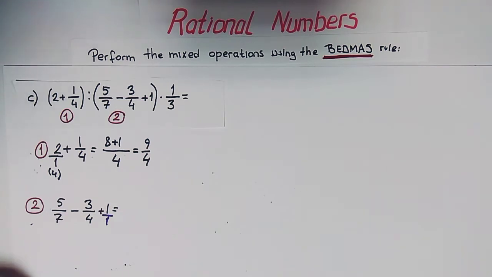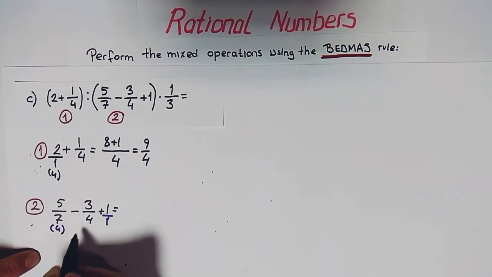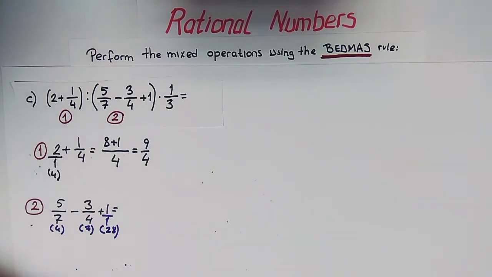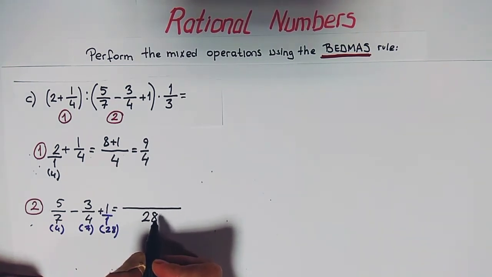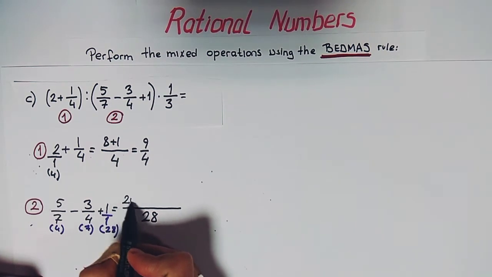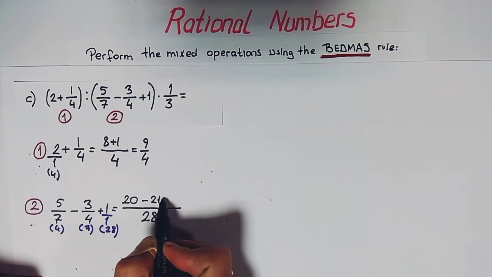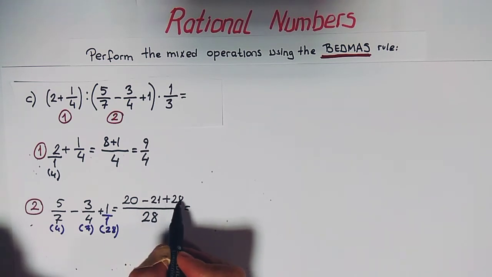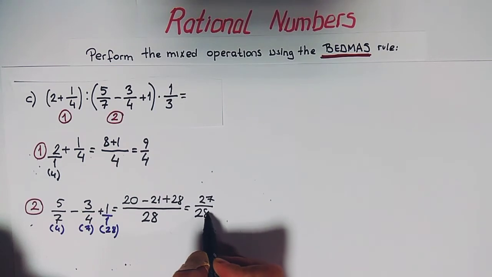We should multiply the first by 4, the second by 7, and the last, which has only 1, by 28. We will have 28 as common denominator, and 5 times 4 is 20, minus 21, which is 3 times 7, and plus 28, which is equal to minus 1 plus 28, it's 27 over 28. Wow.